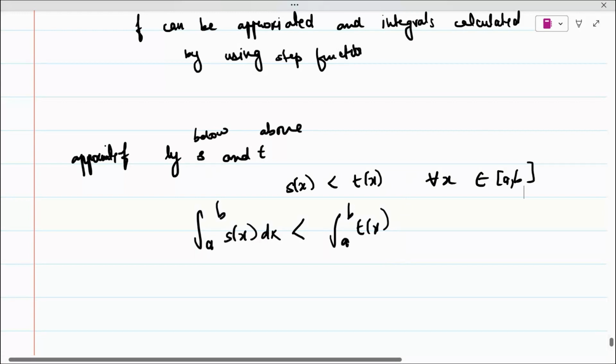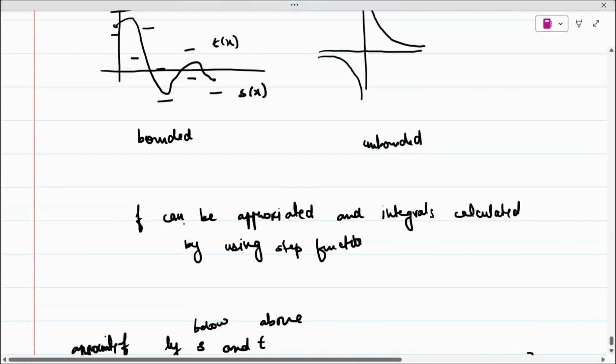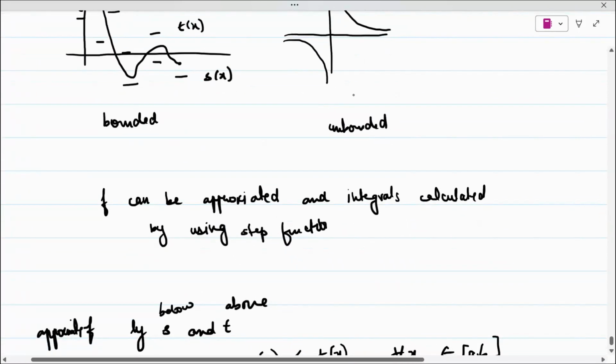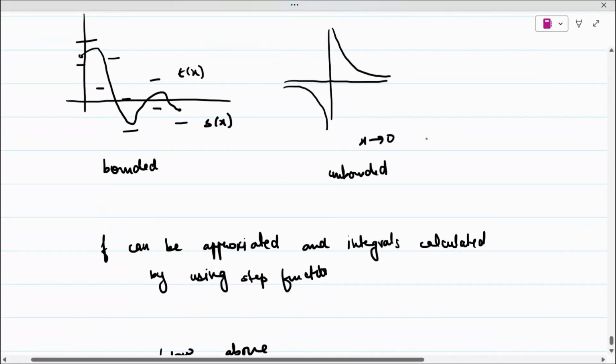It was 1.5 in the previous section, I think. And we say this f has to be bounded if it can be approximated by these step functions. Because as you approach zero, y approaches infinity.